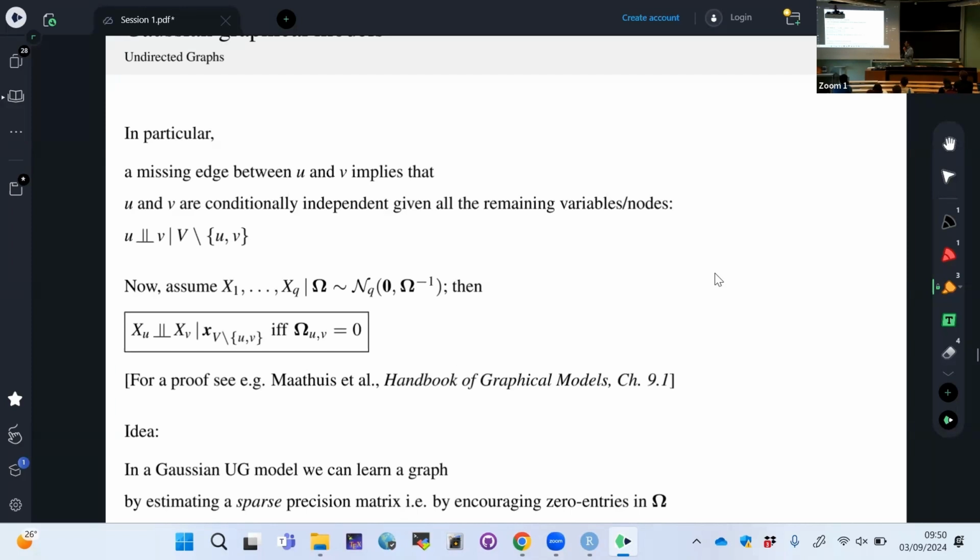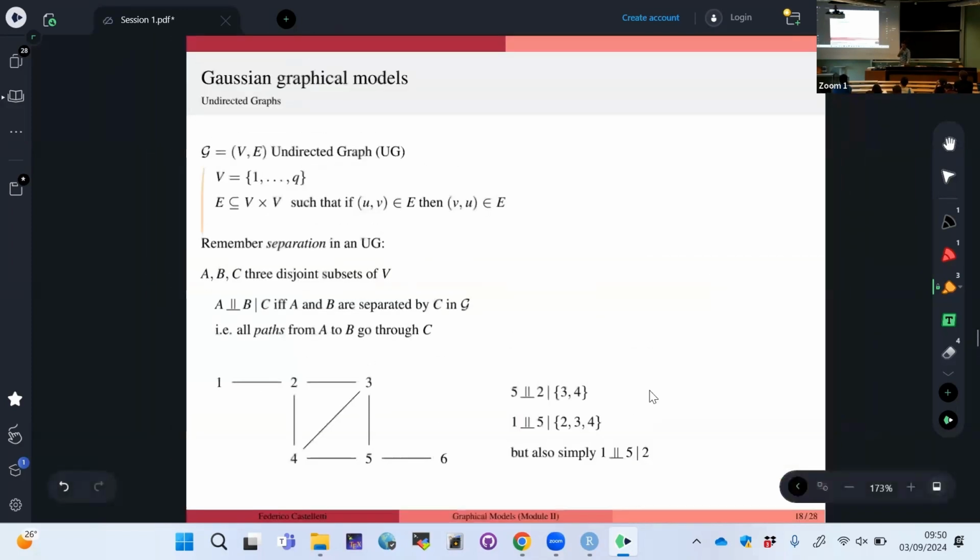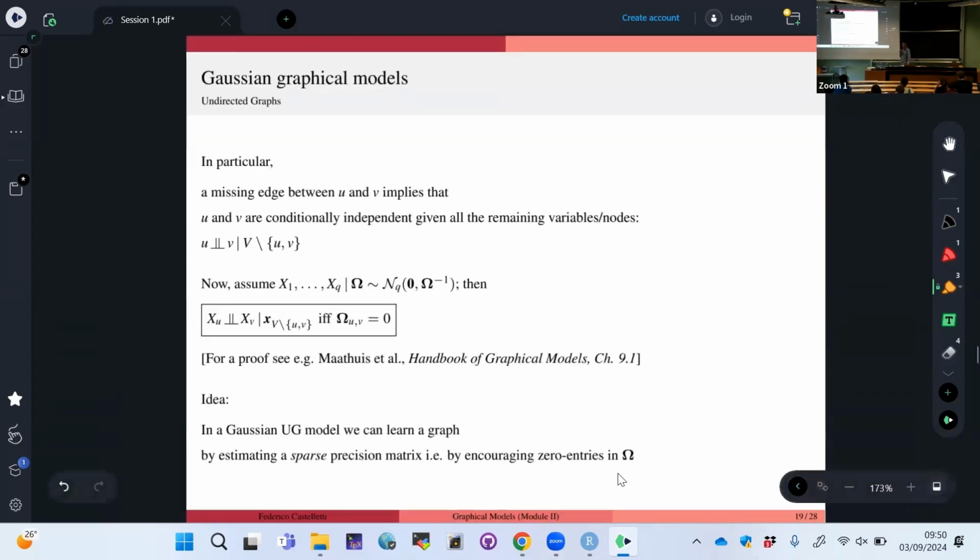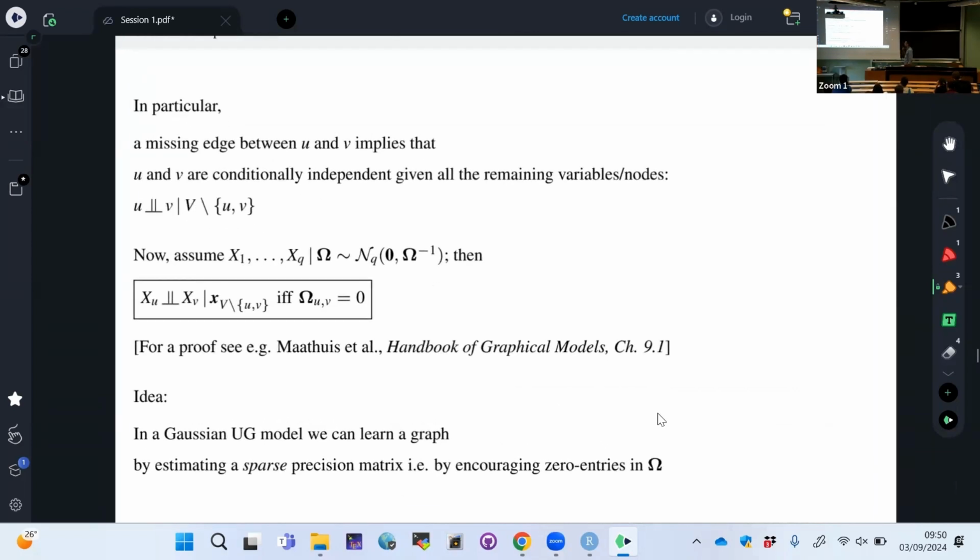Probably it is enough to condition on a smaller subset, as we wrote here, for example. So 1 and 5 are simply independent given 2, but for sure we can say that if there is a missing edge between nodes U and V, then these two are independent conditionally on all the remaining nodes.